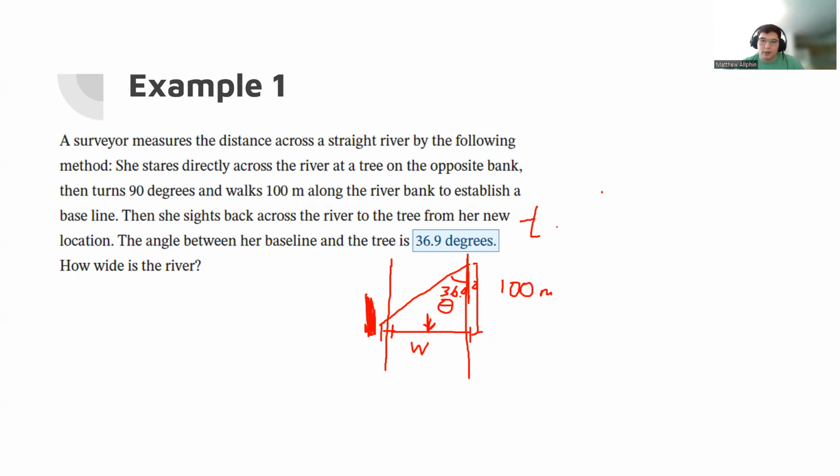The tangent of our angle is equal to opposite, which is W, over adjacent, which is 100 meters. And then to get W, just do 100 meters multiplied by the tangent of the angle, and that gives us our width.